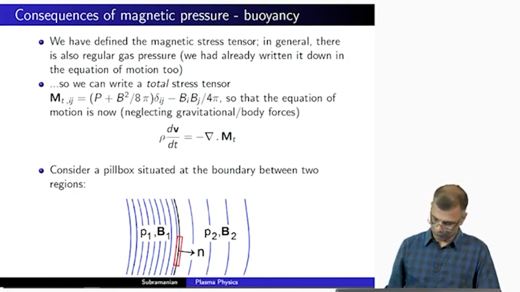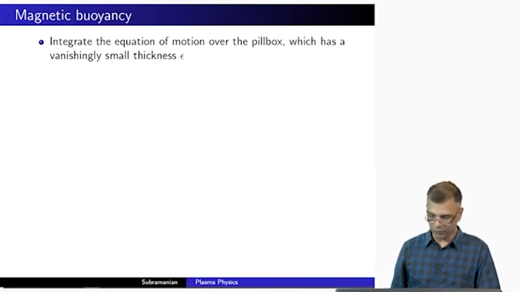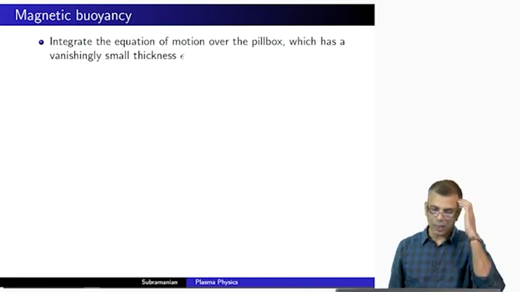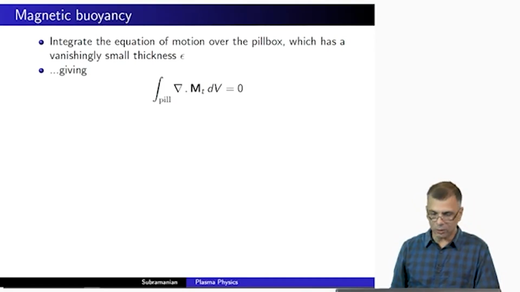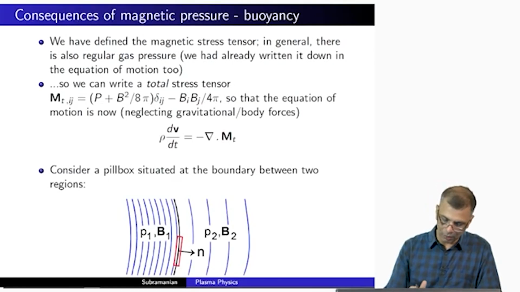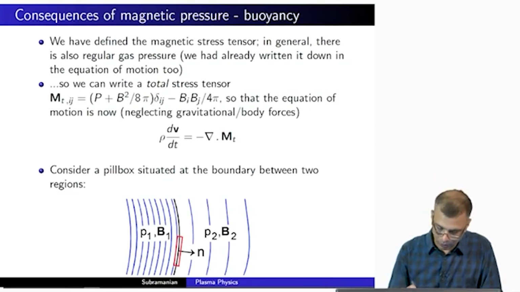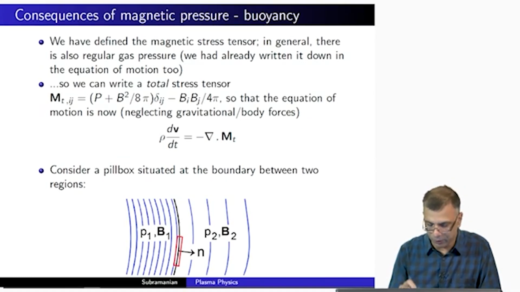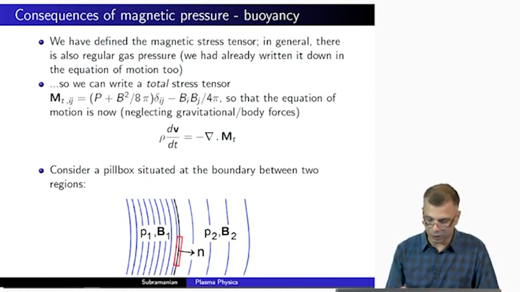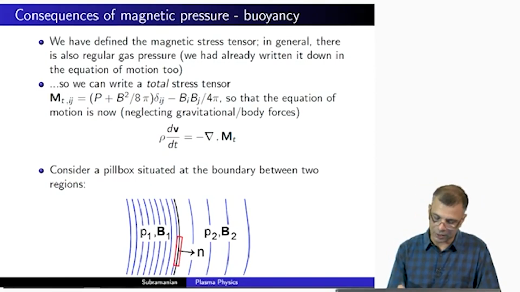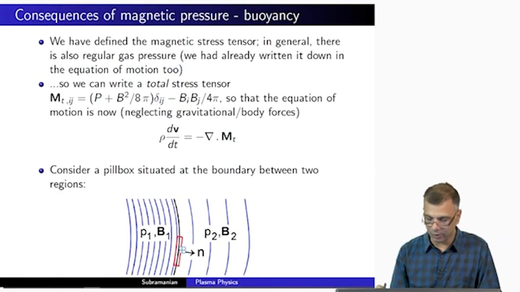Now essentially what we do is you consider a region with a gas pressure P1 and a magnetic field B1 on one side, and a gas pressure P2 and a magnetic field B2 on the other side. And you consider this little pillbox here, on the boundary with an outwardly directed normal like this.